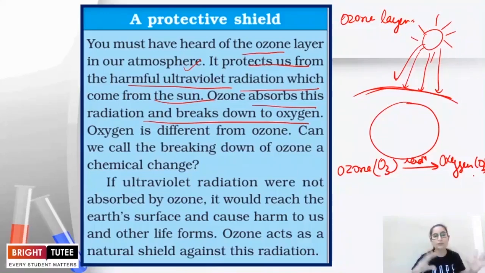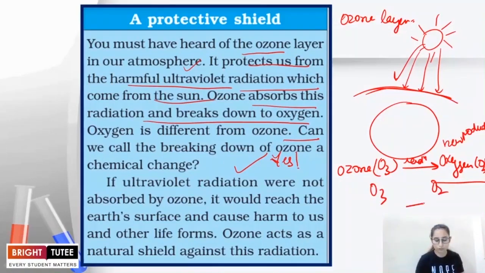Can we call the breaking of the ozone layer a chemical change? Yes, because oxygen then does not combine to form ozone. You have a new product formed. Ozone was O3 and oxygen is O2. Obviously there has been a chemical reaction and new products have been formed.